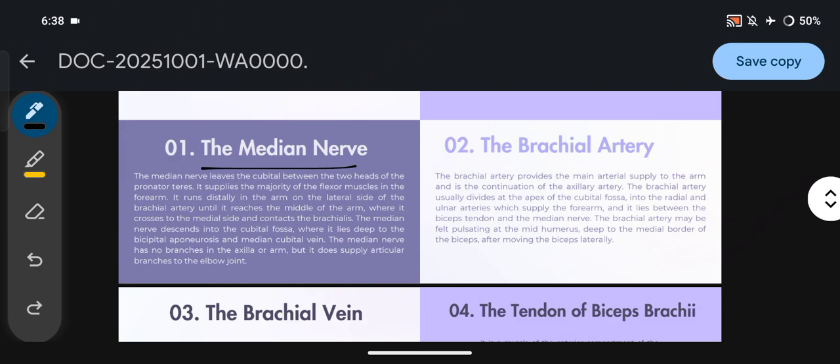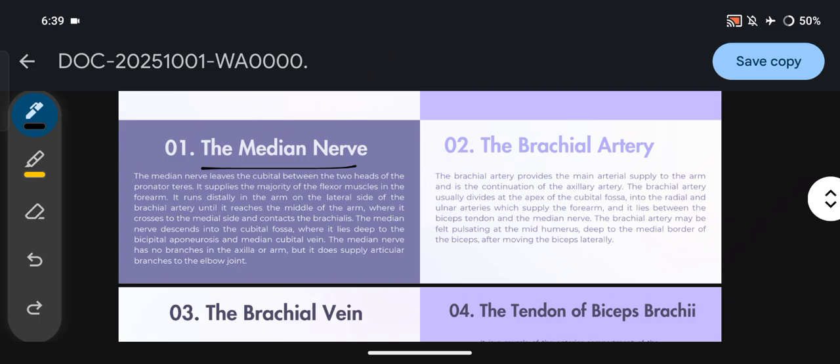So what is the median nerve? The median nerve leaves the cubital fossa between the two heads of the pronator teres, and it supplies the majority of the flexor muscles in the forearm. It runs distally in the arm on the lateral side of the brachial artery until it reaches the middle of the arm, where it crosses to the medial side and contacts the brachialis.